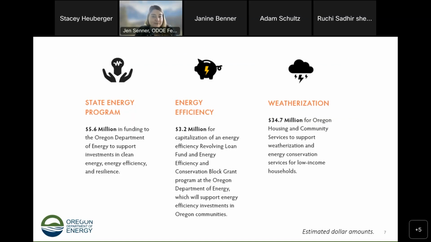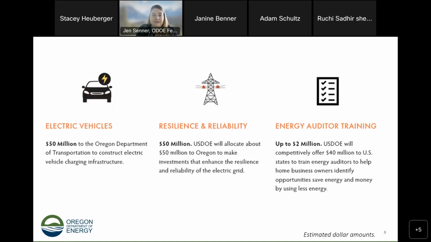In addition to those funds, the state of Oregon is anticipating receiving approximately $30 million in weatherization activities that will be run through the Oregon Housing and Community Services Agency. The Oregon Department of Transportation is also anticipating roughly $50 million to invest in the construction of electrical vehicle charging stations.